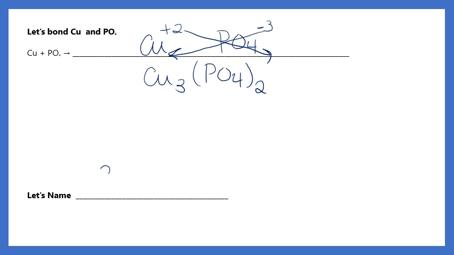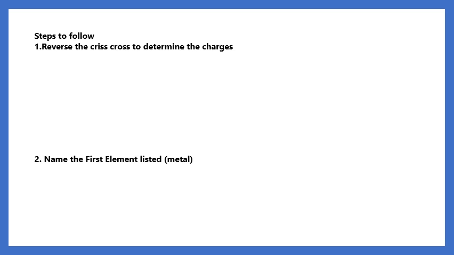Okay, so we're going to name Cu3(PO4)2. Okay, let's give that a name. Again, we have Cu3(PO4)2.